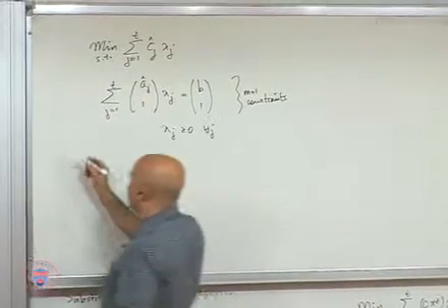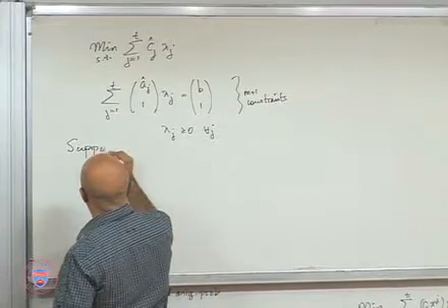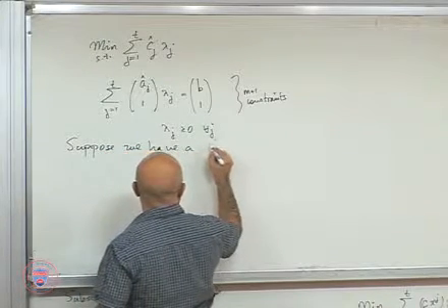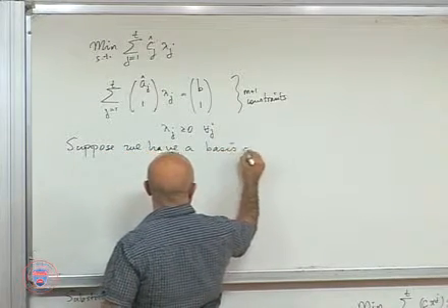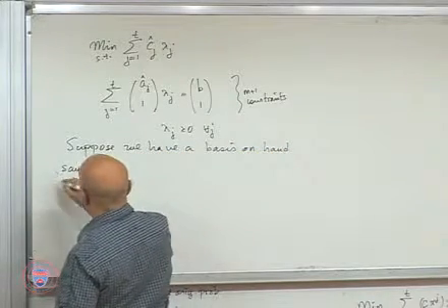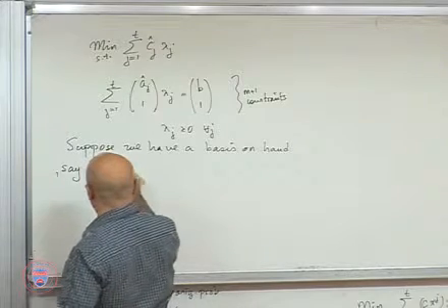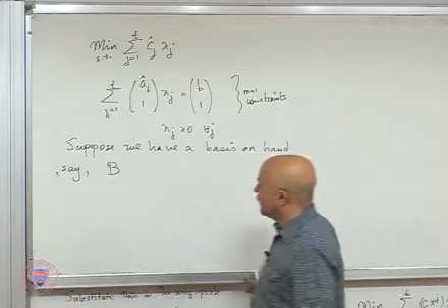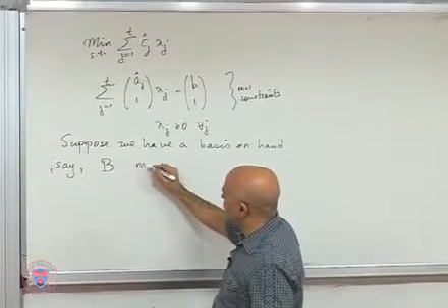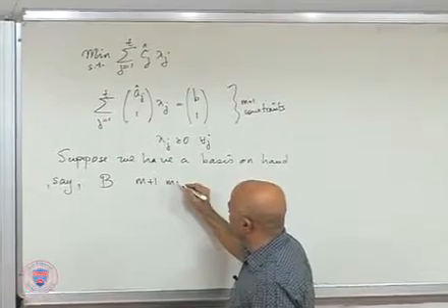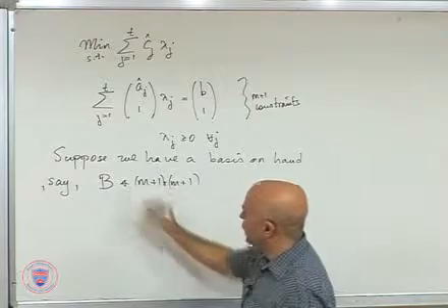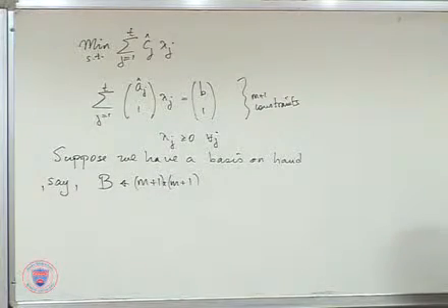So suppose we have a feasible basis on hand. Let's assume it's B. And B is of course m+1 by m+1. That's the size of your basis.